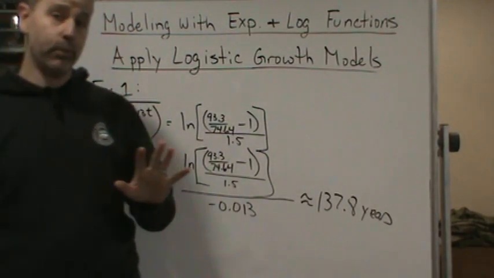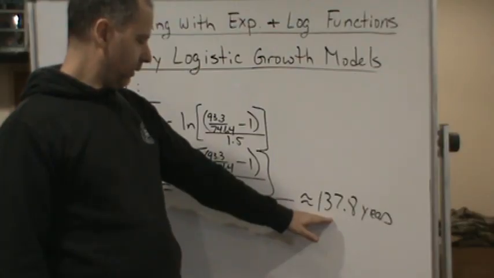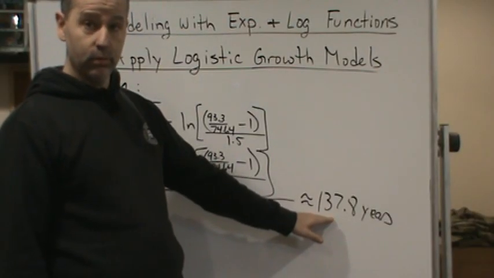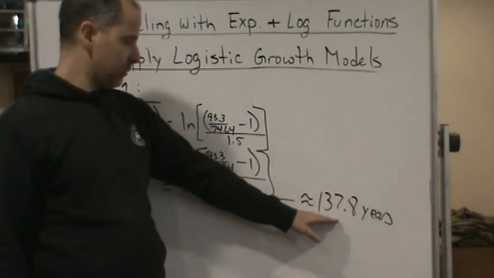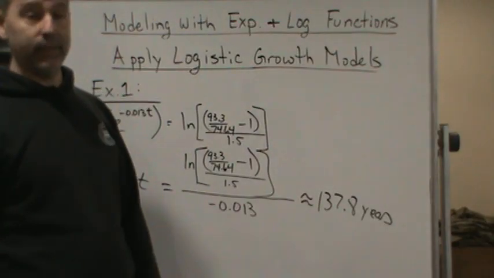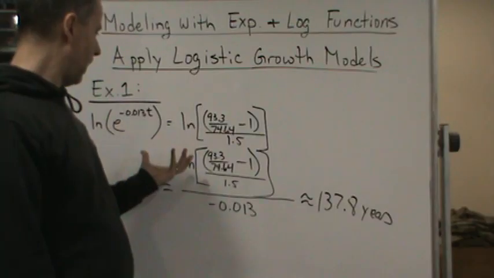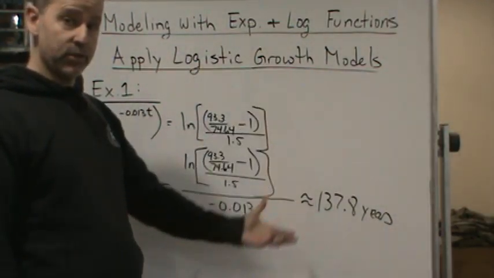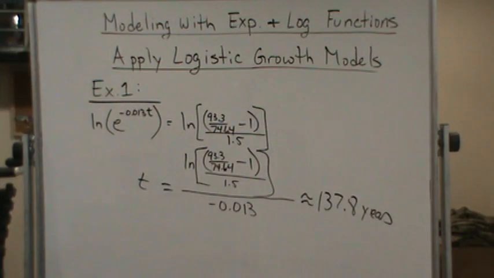Last time, if you remember, it was 89 years to double. But using the logistic growth model, it's going to take much longer to get to the point where the population is double. And again, realize that as the population is growing, the growth rate tends to decrease. It's not a fixed growth rate like in the exponential model. The logistic model has a growth rate that changes.